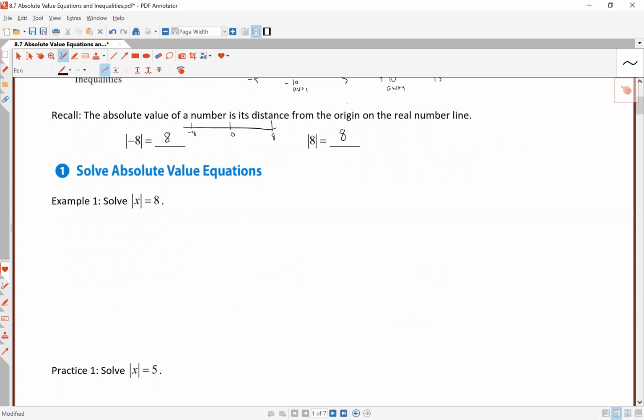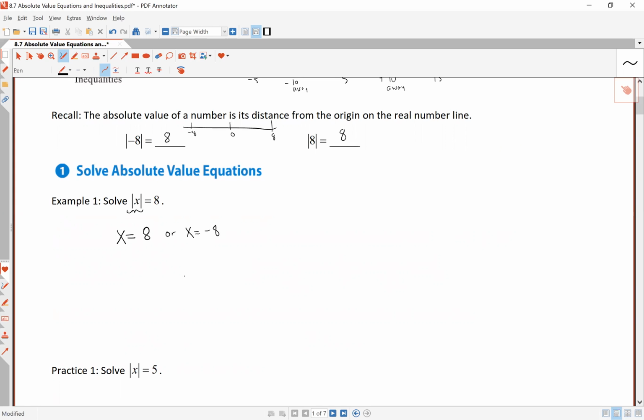So in solving absolute value equations, we need to keep in mind, for example 1, that we're asking what numbers have a distance to 0 of 8. Those two numbers that have a distance to 0 of 8 are 8 or -8.